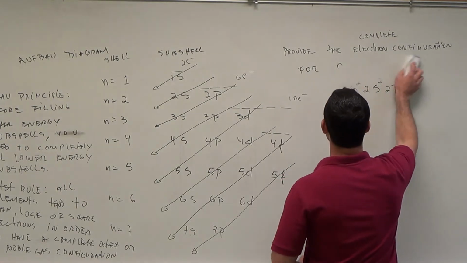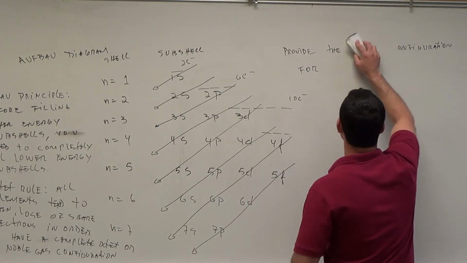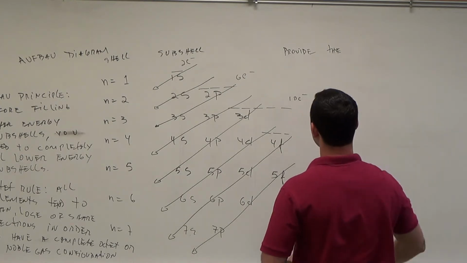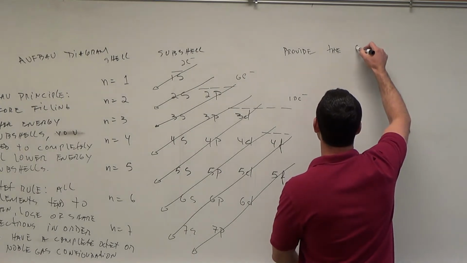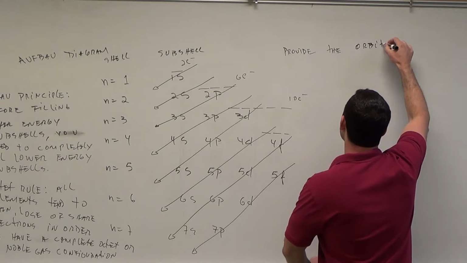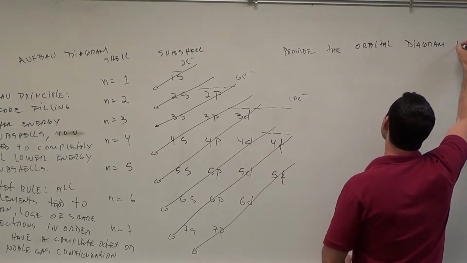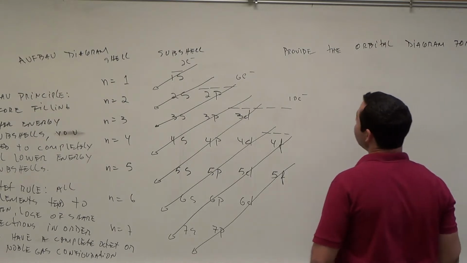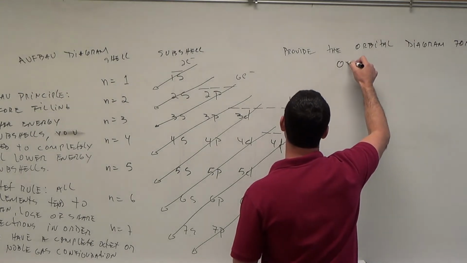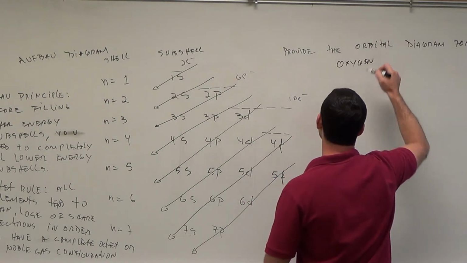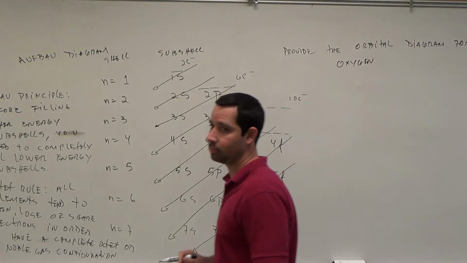Let's do something called orbital diagram. Provide the orbital diagram for, let's do oxygen again. Is that with the spins?